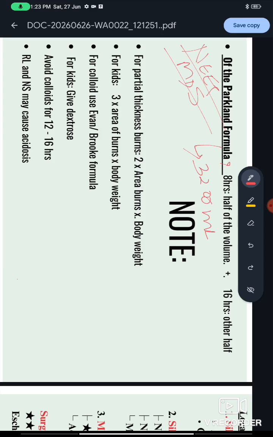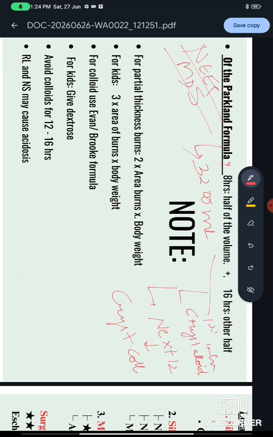Firstly, which fluid will you give? For the first 12 hours, crystalloid only. For the next 12, crystalloid plus colloid.